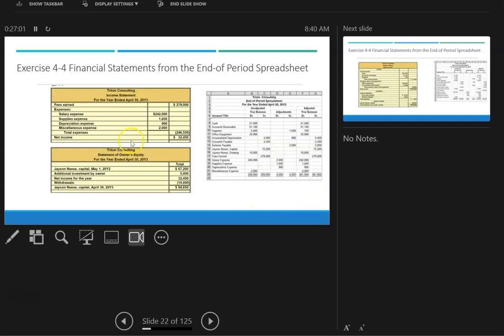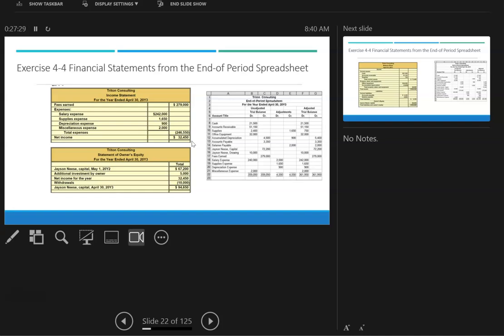So we'll show our fees earned, all of our expenses, and our net income is $32,450. And how do we know it's an expense? Because it has the word expense after it, okay? Then we come up with the net income. In this case, the net income is $32,450.